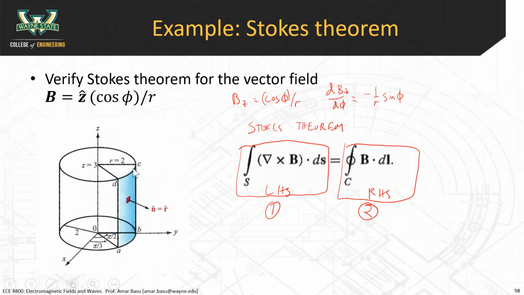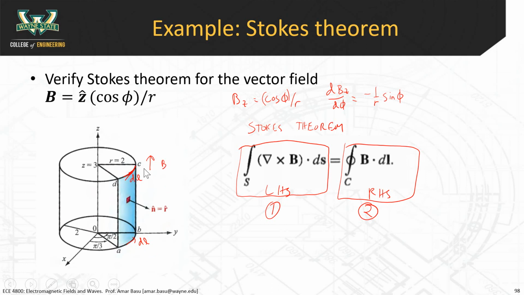Now, if you're going from C to D or from A to B, then you'll notice that the line that you're integrating along, so let me just draw this, the vector B is always pointing in a vertical direction, but you are integrating along this line here, so your dl is going to be pointed in this direction. In the lower integral, your dl is going to be pointed in this direction. So you notice that your dl and your B, they are perpendicular to each other.